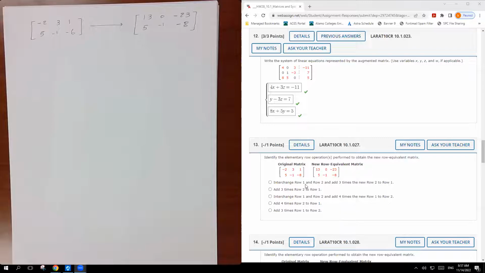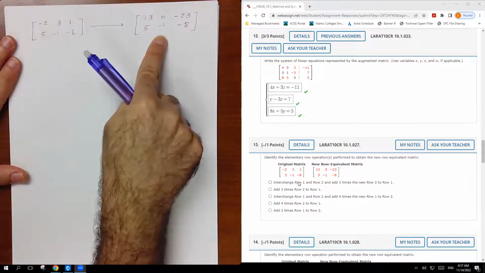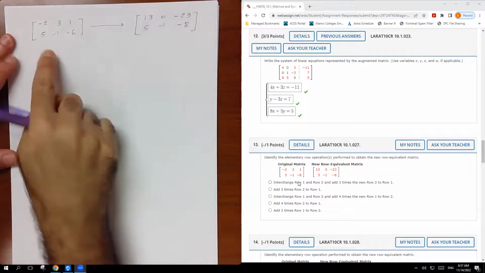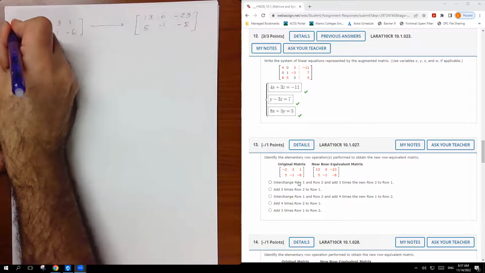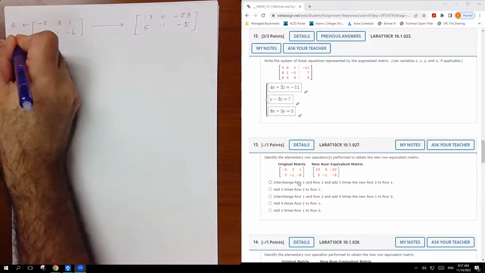So let's check these options here. Always start from the easiest one. That means which operation I can do here to get this matrix. So I need to work on this one. So this is R1 and this is R2.